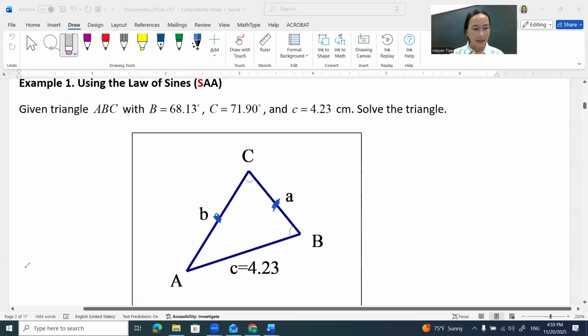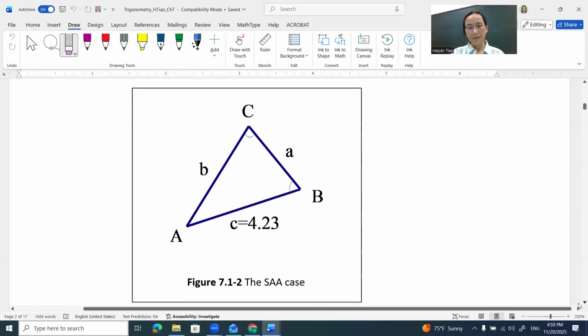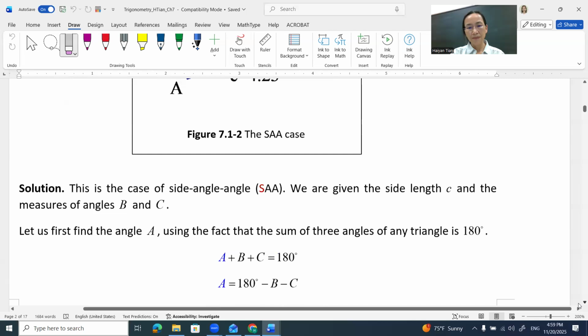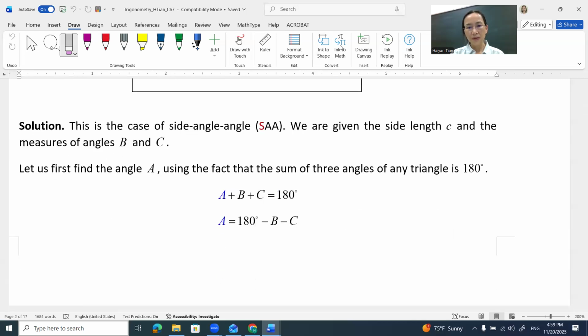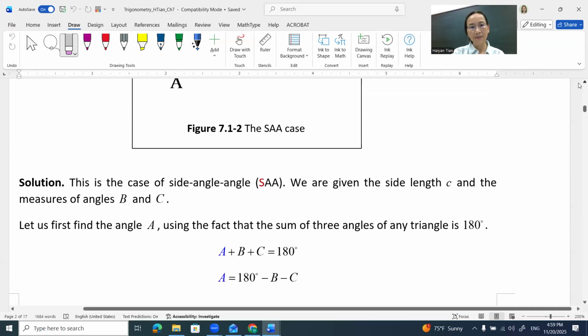So here, step one, we're going to decide the angle A. Because the sum of the three angles is 180, the only unknown angle is A. So we just use 180 minus B minus C, then we can get A. Just substitute the given angles B and C into this equation, then you can find A.